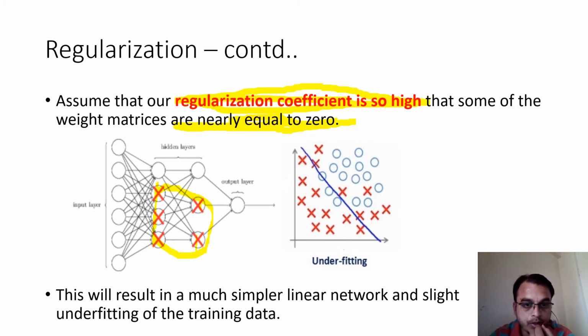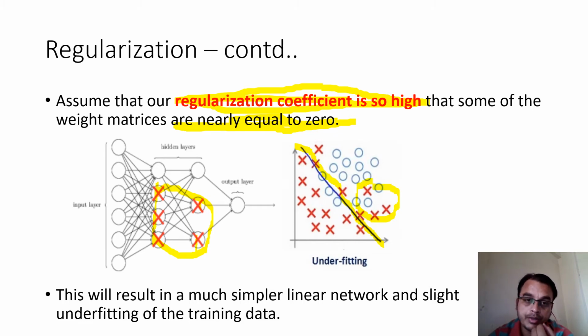This will result in a much simpler linear network and slight underfitting of the training data. If you look carefully, a line is mapped over here, but this line is not giving me the right output. Why? The plus points still appear on the right-hand side, which is the second, opposing class.